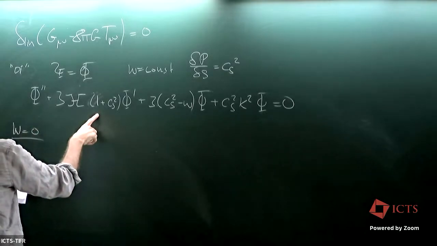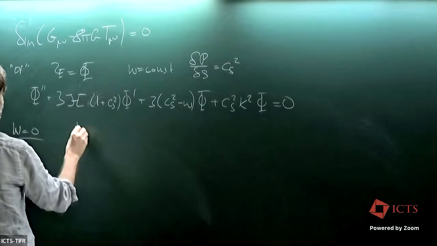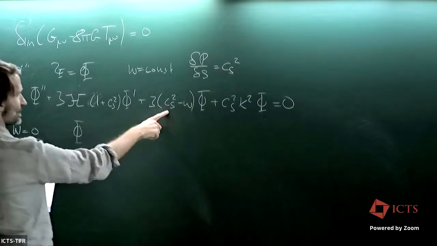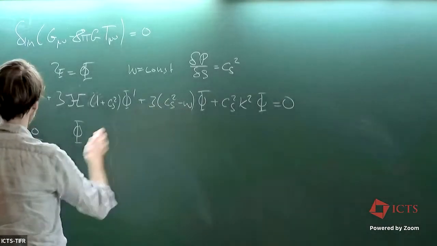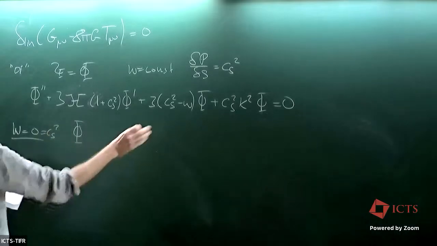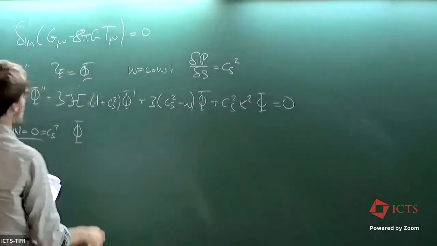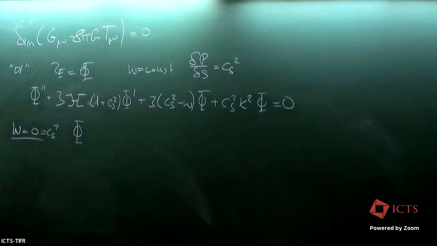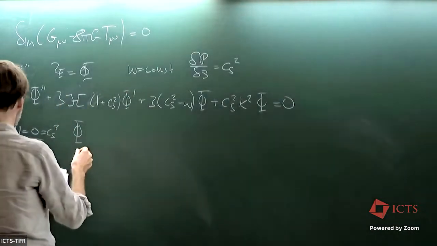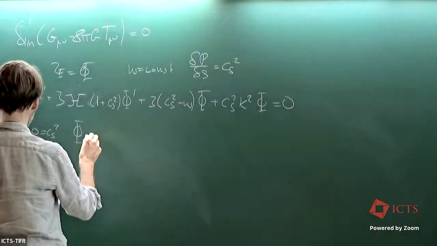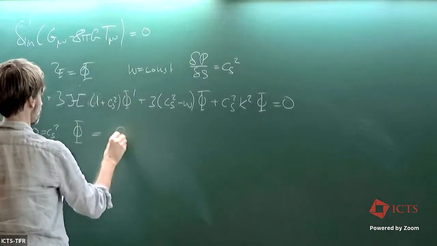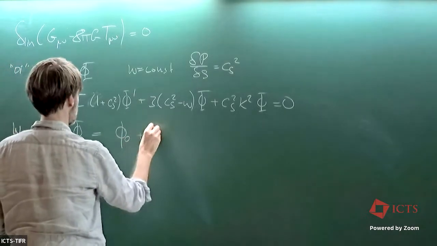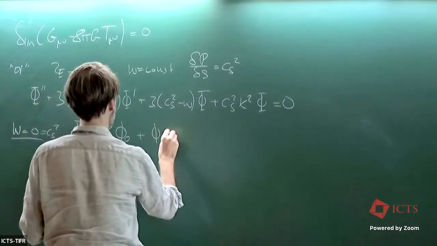And then what you find is, okay, what happens? Sound speed and w are both 0 in that case. So this term goes away, this term goes away, and we only have two terms with derivatives acting on it. So we see that phi being a constant is a solution. What we get is some phi 0 plus phi 1.